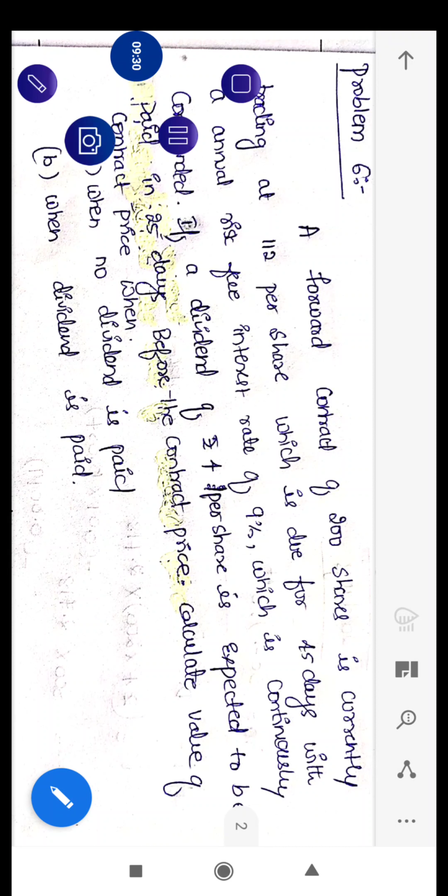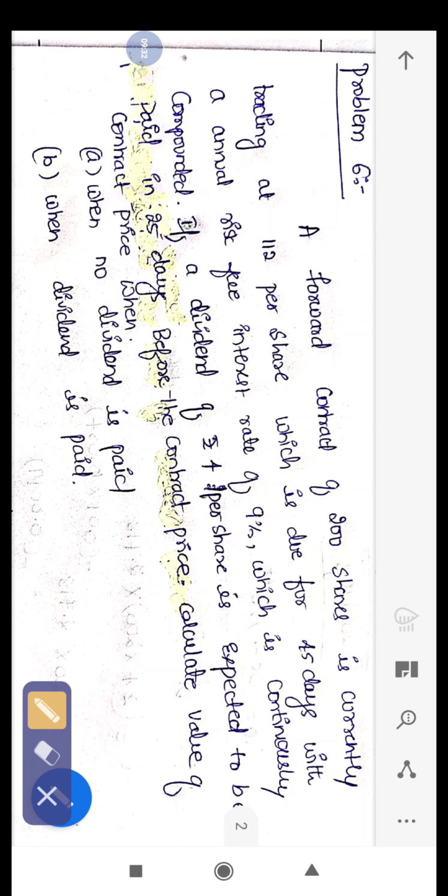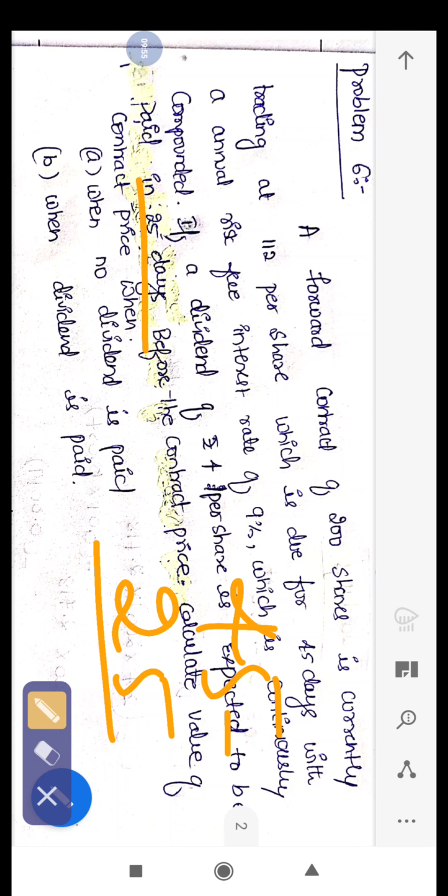So this problem is saying 25 days before the contract. So 25 days before the contract here means the contract is for 45 days. So they are paying before 25 days means we have to subtract. So 45 days minus 25 is 20 days.